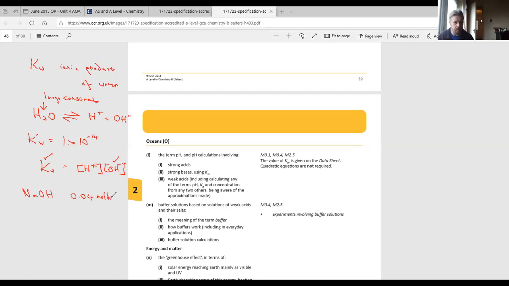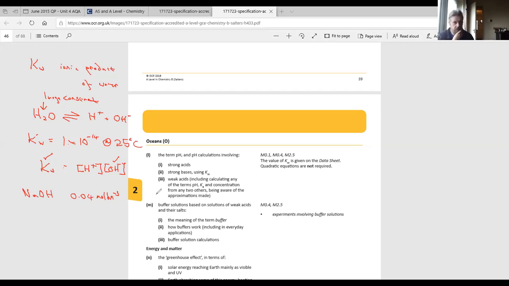You can't make these equal, because they're not going to be. You've just banged a load of OH in, so there's hardly any H plus. The OH minus is going to be much higher than the H plus. And we know what Kw is at 25 degrees C. We'll talk about what happens if you make it hotter than that.